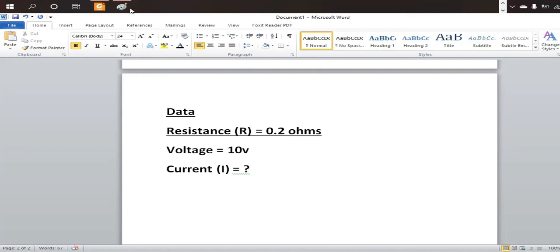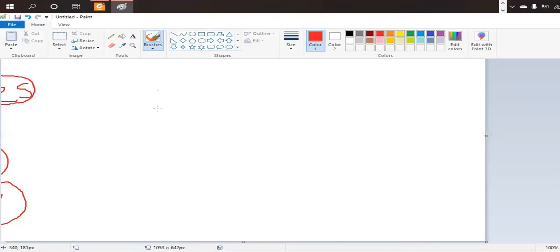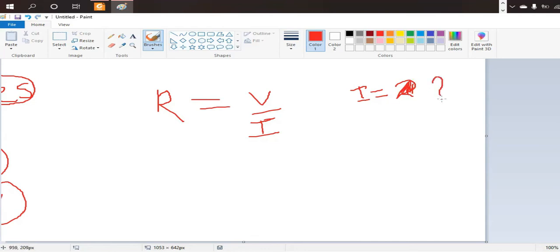So for us to find this, we can apply the Ohm's law, which is R equals V over I. Now when you look at the question, we are looking for I, which has a question mark.